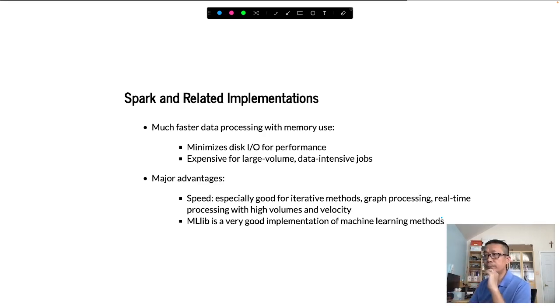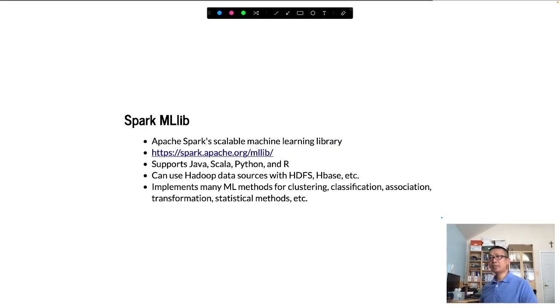So there is a trade-off between cost and efficiency, but Spark has this major advantage of speed, right? This is especially good for certain iterative methods, graph processing, and real-time processing with very high volumes and velocity. And it also comes with an open source machine learning library that continues to expand in its capacity. So that is about Spark as a more recent MapReduce implementation.